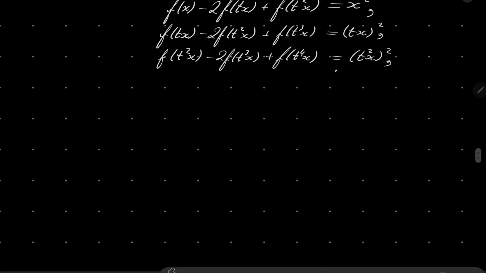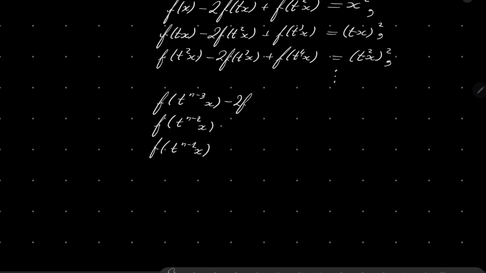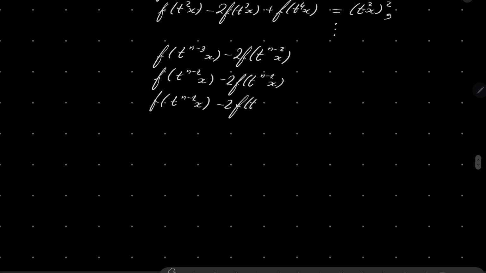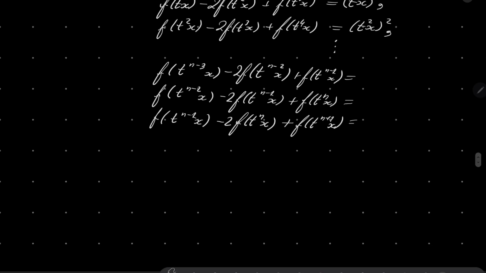And so on. I can continue writing these types of equations, and I will write the last three equations, with t to the power n minus 3, t to the power n minus 2, t to the power n minus 1 times x: f of t to the power n minus 2 x, minus 2f of t to the power n minus 1 x, plus f of t to the power n x, and so on, up to f of t to the power n plus 1 x, equals, well, each time, t to the power n minus 1 x squared, t to the power n minus 2 x squared, t to the power n minus 3 x squared.